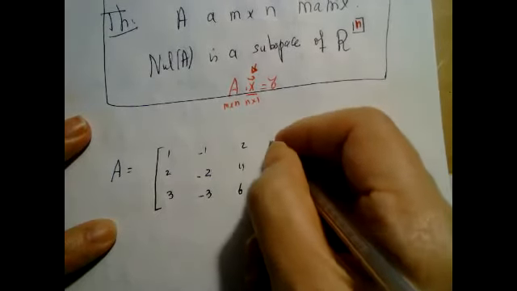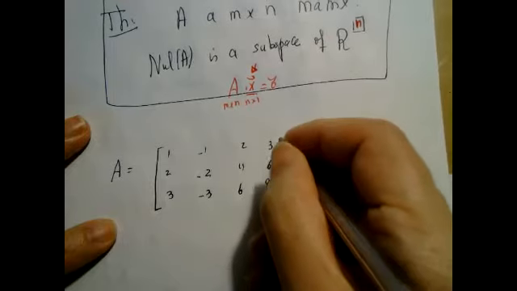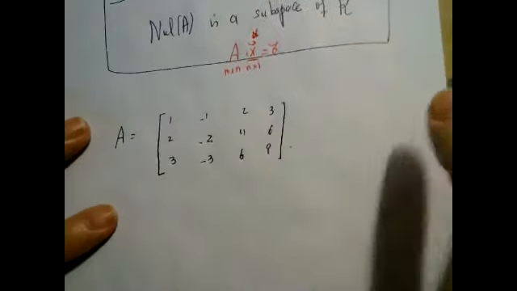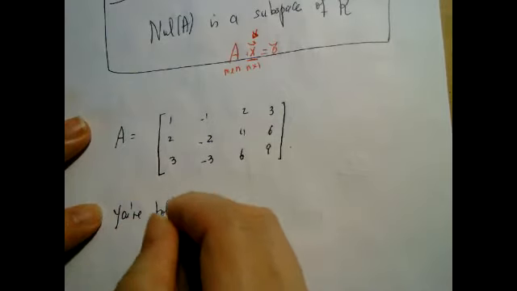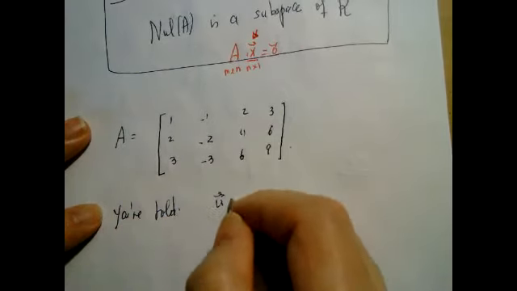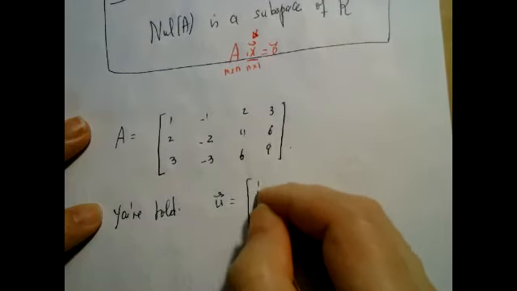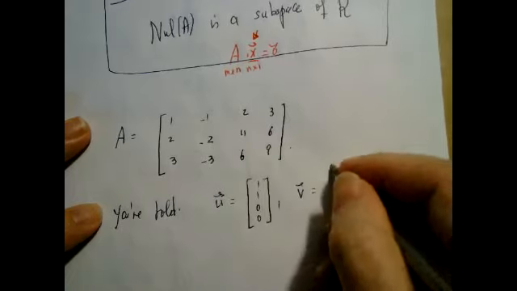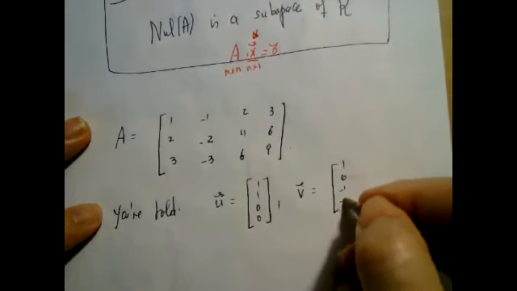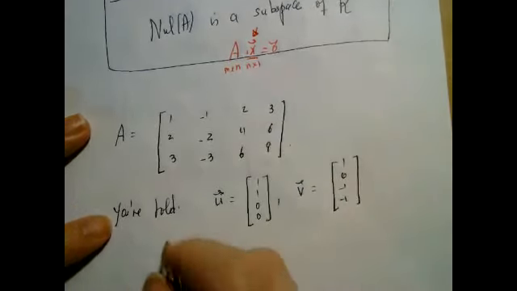You don't have to worry about it too much. That's a matrix A. And I told you that the vector U and the vector V are in the null.